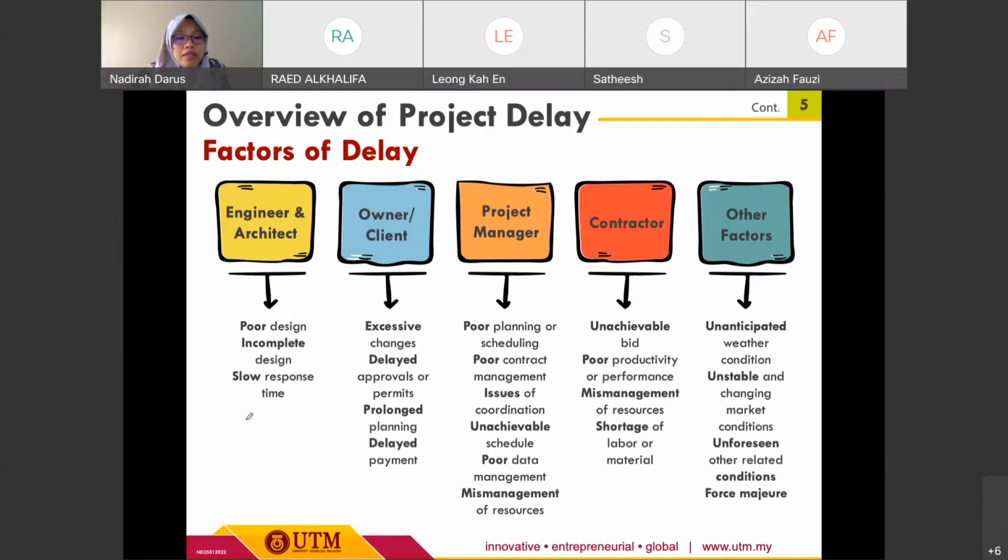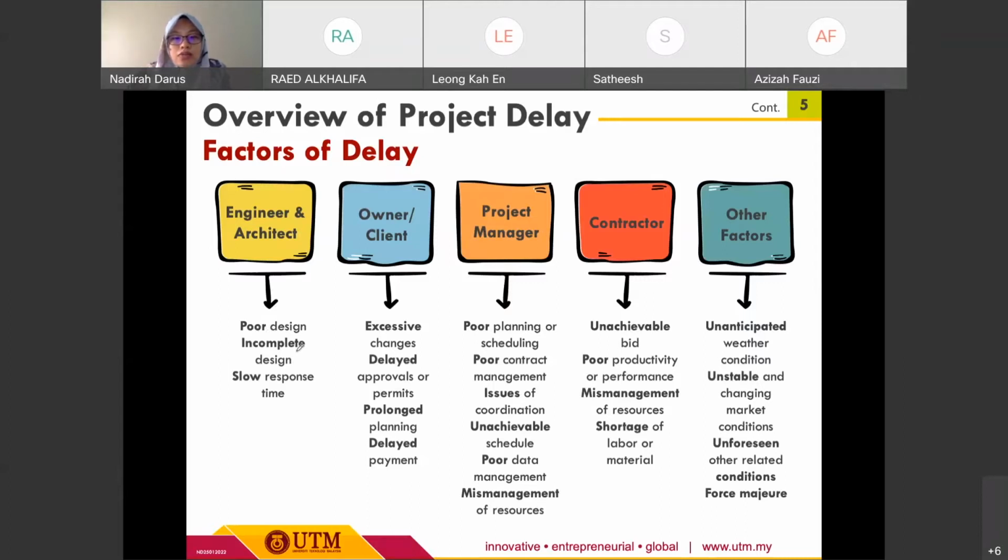Okay, the first category is related to either the engineer or the architect. So any poor design or incomplete design by the architect for the architectural design, and from the engineer for the structural design. This poor or incomplete design for sure will cause delay.